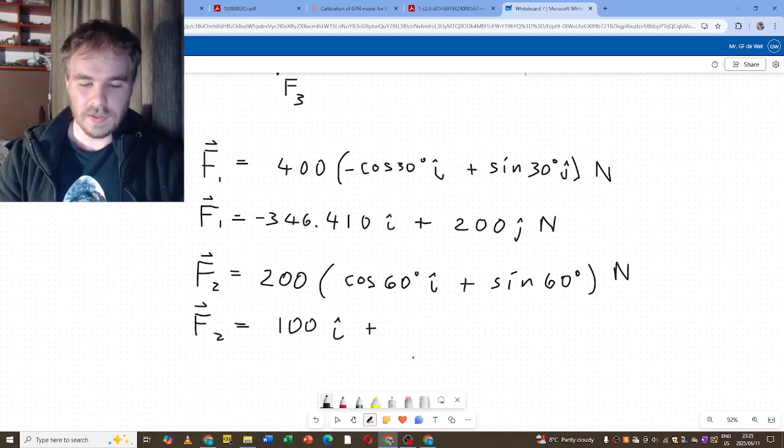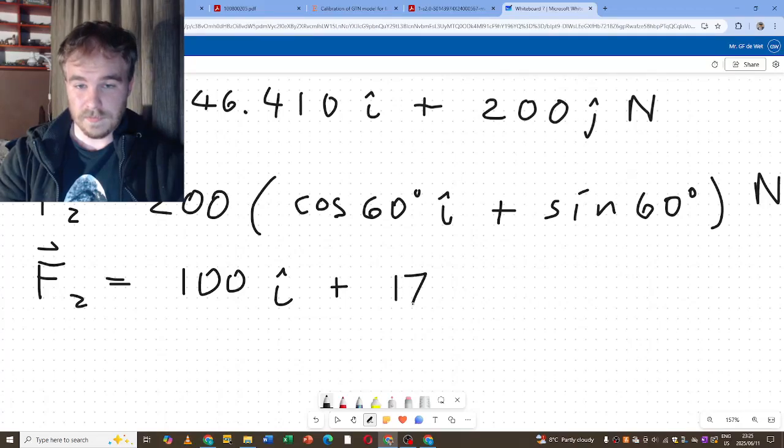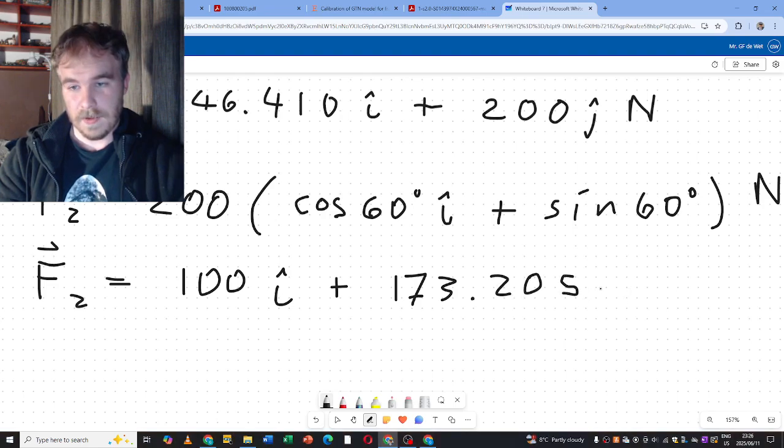And then 200 times that's sine 60. Let's see, okay, 173.205 in the J direction, newtons.